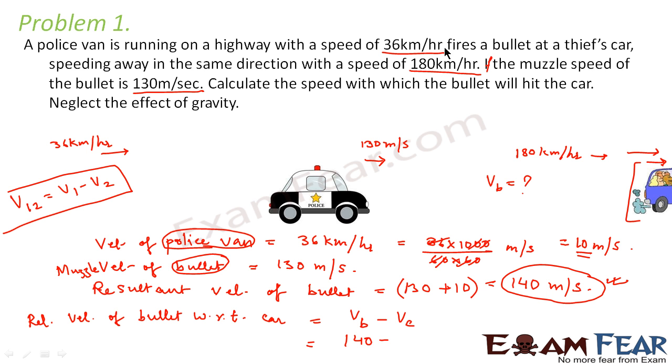Now what is the velocity of the car? Velocity of car is equal to 180 km per hour. Let us convert it into meter per second. That is 180 into 1000 divided by 60 into 60.